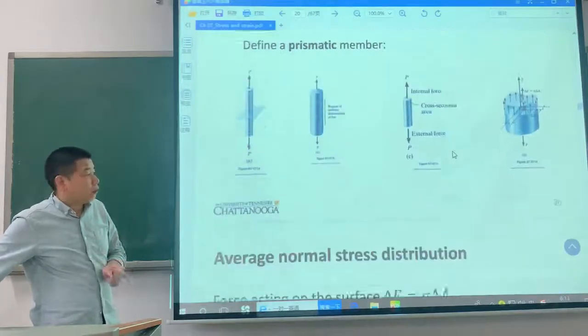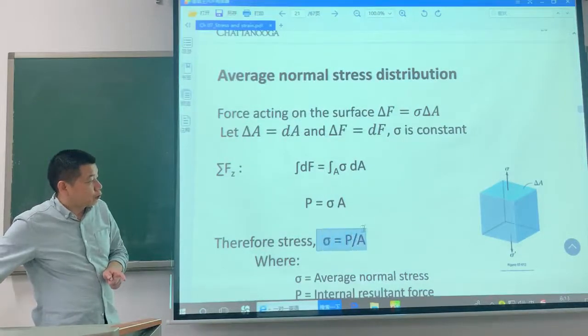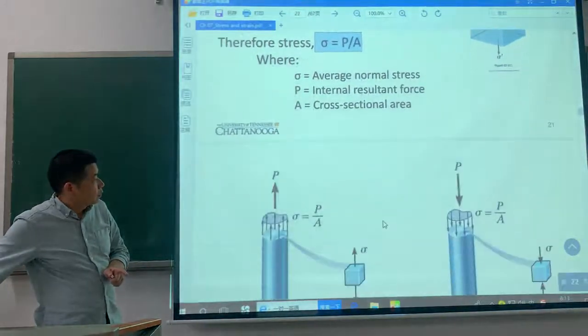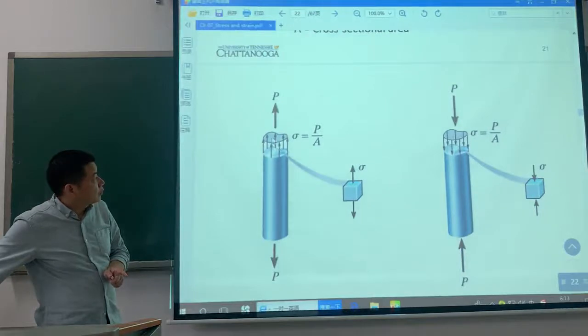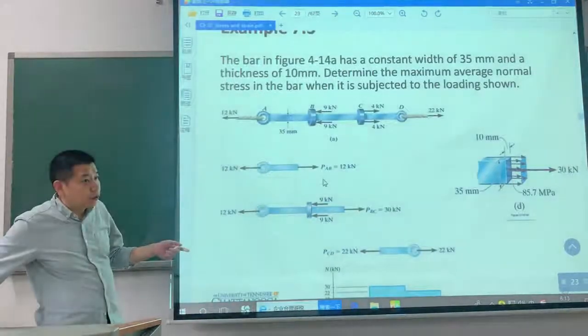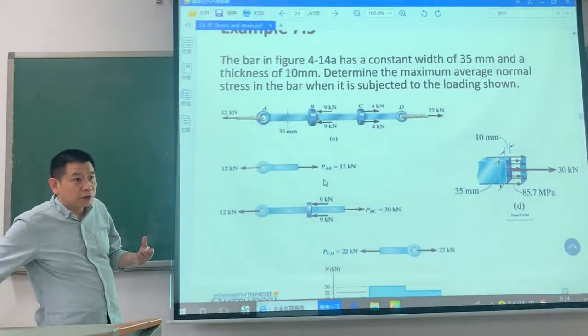We got the formula to find the stress on the cross section for an axially loaded rod. In the example from last lecture we just found the internal force.